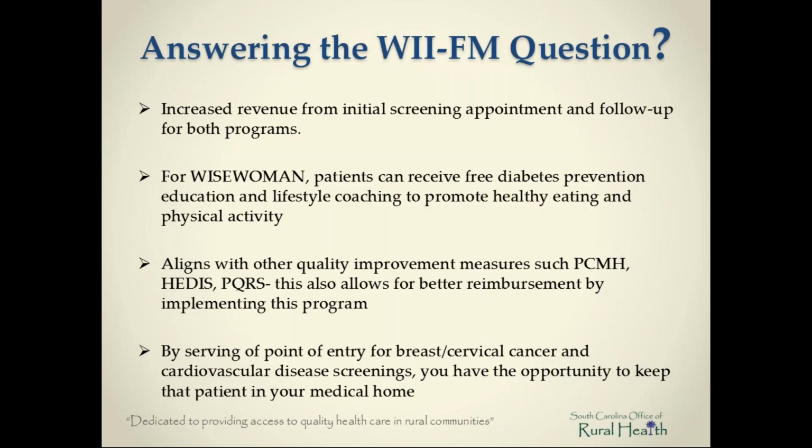And guess what? When you're meeting those quality improvement benchmarks, you can negotiate for an increased payment from Medicaid, MCOs, and other payers. And so there's also other incentives involved with providing these services beyond just being reimbursed from DHEC. So that's another great, quote unquote, selling point to share with you.